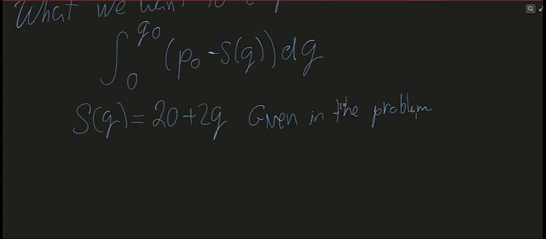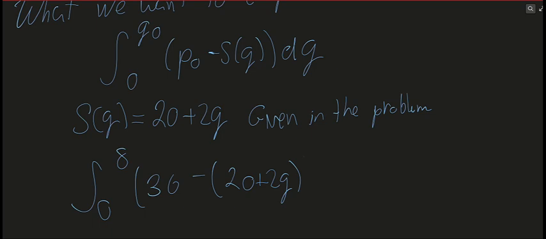So you've got the integral from 0 to 8, and inside the integral is P sub 0, which is 36, minus, in another nested set of parentheses, the S of Q, so minus (20 plus 2Q). The minus applies to both terms in the supply function, dq.